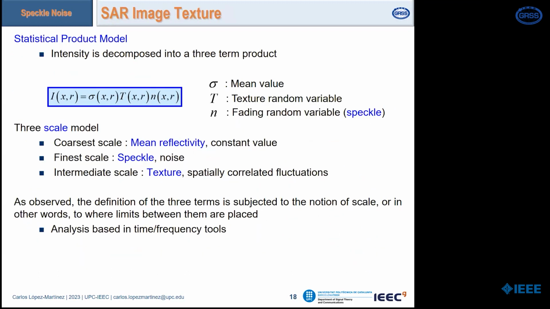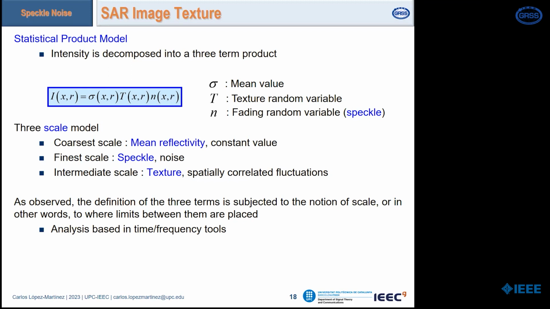What happens if I go to a stochastic number? Then texture appears. So therefore, my model is still multiplicative. I have the radar cross section, I have the noise, but I have a third signal, and this signal is texture.